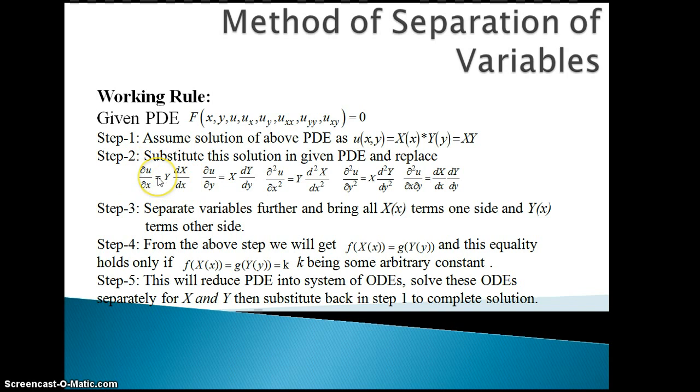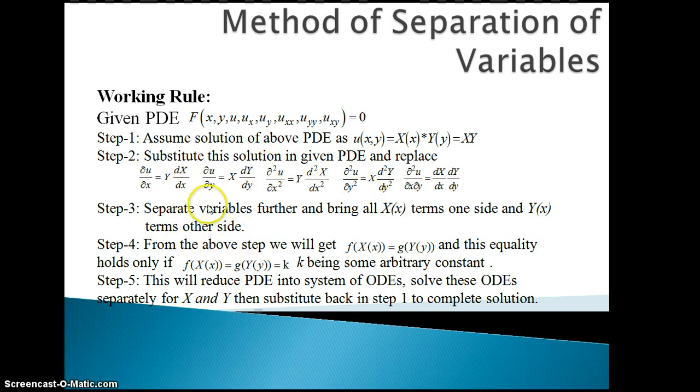Similarly, ∂u/∂y is equal to X times dY/dy, and ∂²u/∂x² is Y times d²X/dx², and so on. So replace these partial derivatives by ordinary derivatives as given in step 2.